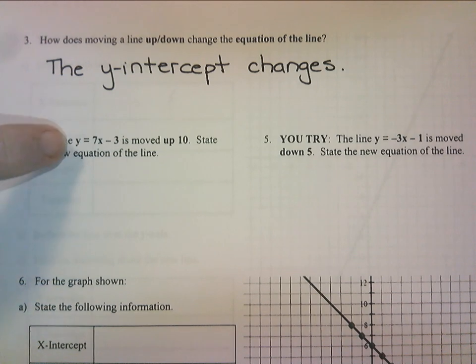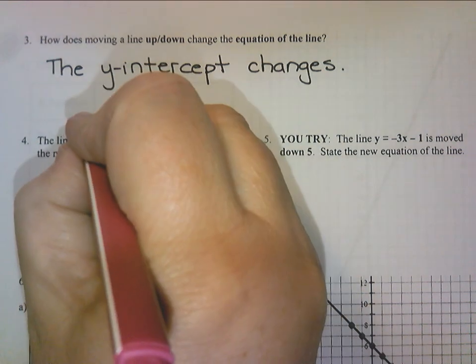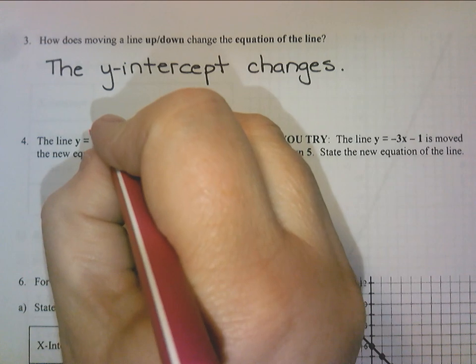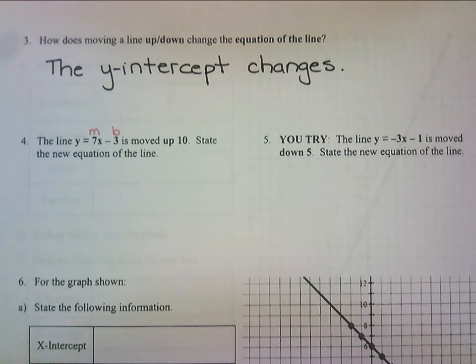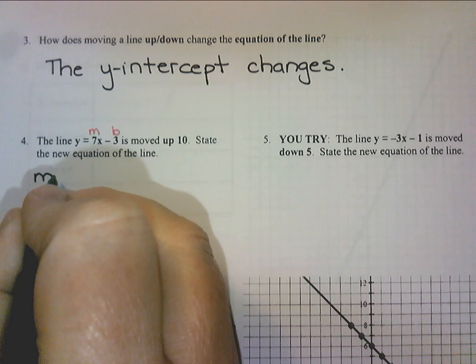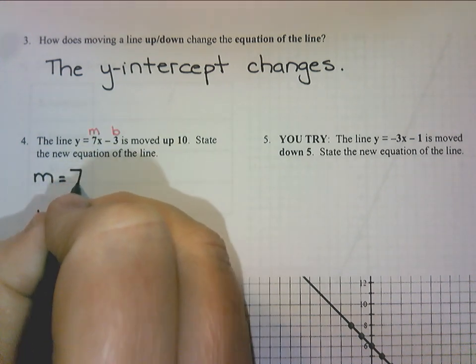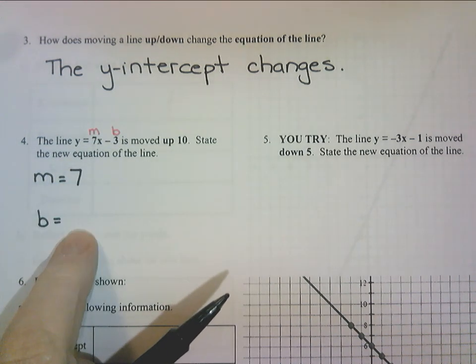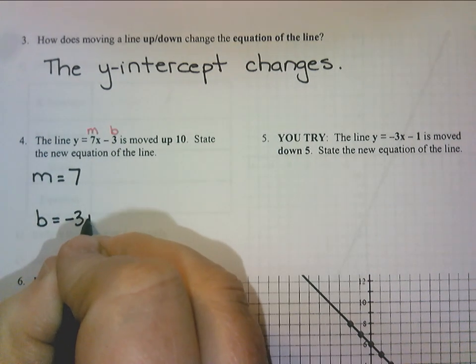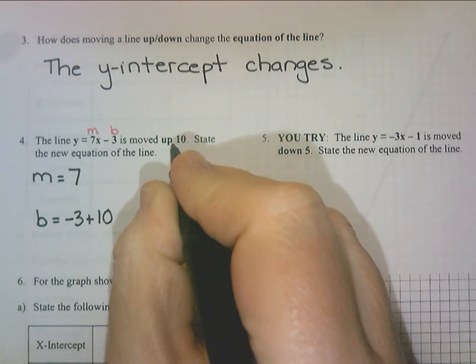So if I'm looking at this line, the slope, or m, is currently 7, and our y-intercept, or b, is currently minus 3. When I go to do the equation of my new line, the slope should be the same, it shouldn't change, but for the y-intercept, we're going to take negative 3, and we're going to add 10 because we're going up 10.